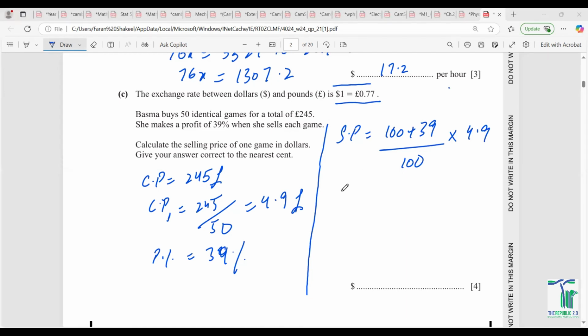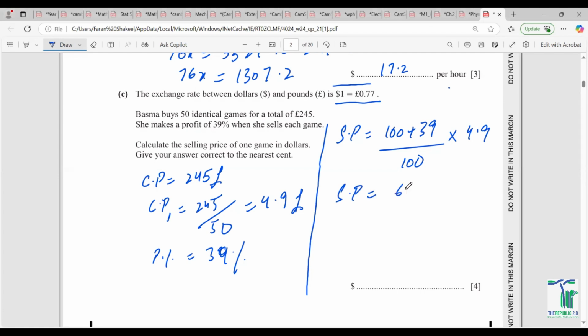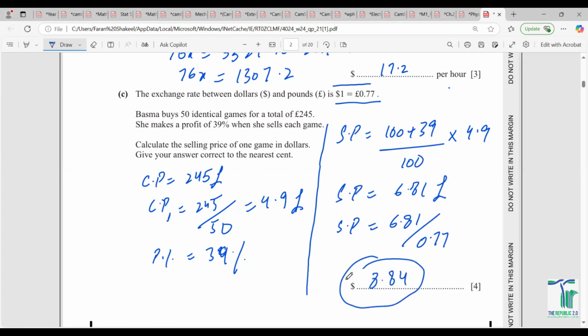So you would be having the selling price, and the selling price is going to be 6.81 pounds, right? And now if you want to convert it into dollars, तो आपको पता है कि 1 pound is something like 1 upon $0.77. So just divide it by 0.77 and you'll be having $8.84, right? So that is how we're gonna get the price.